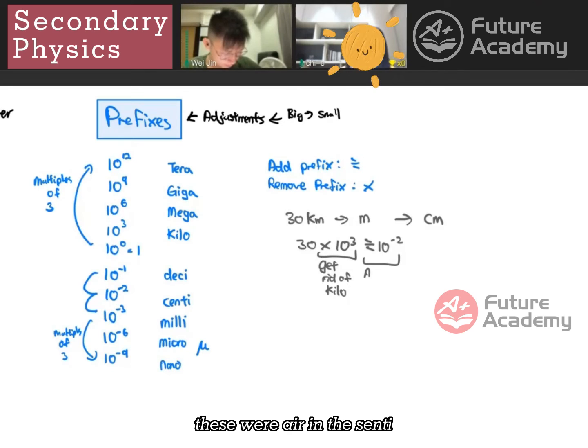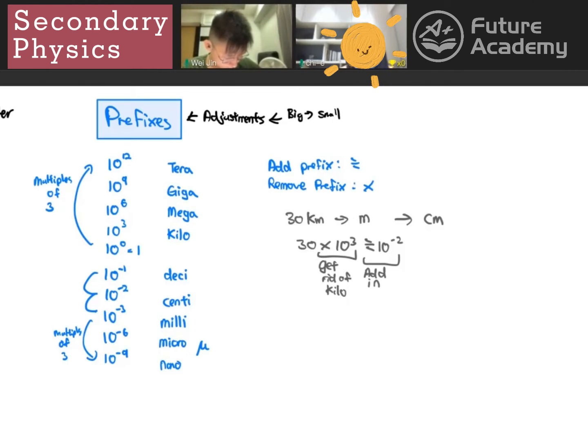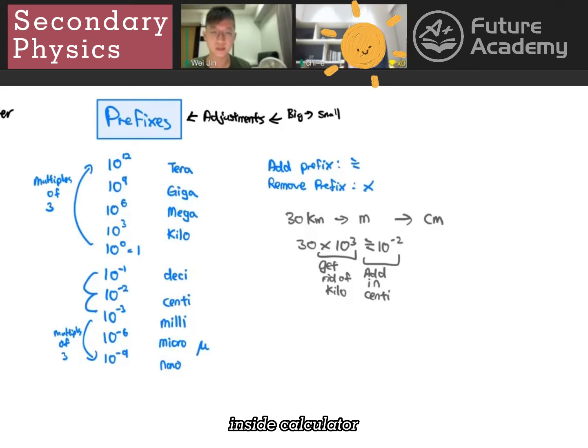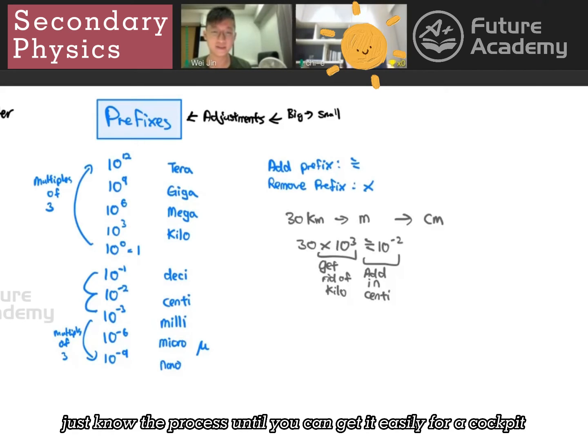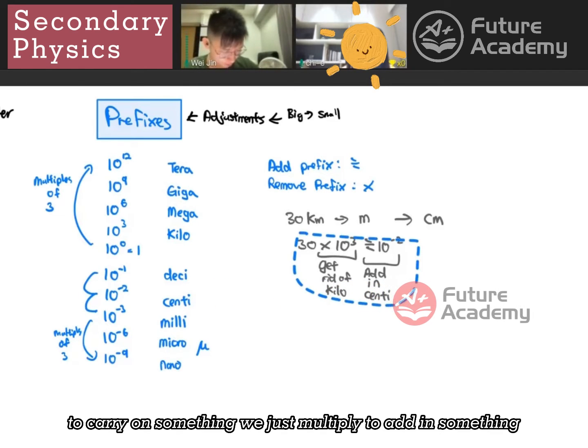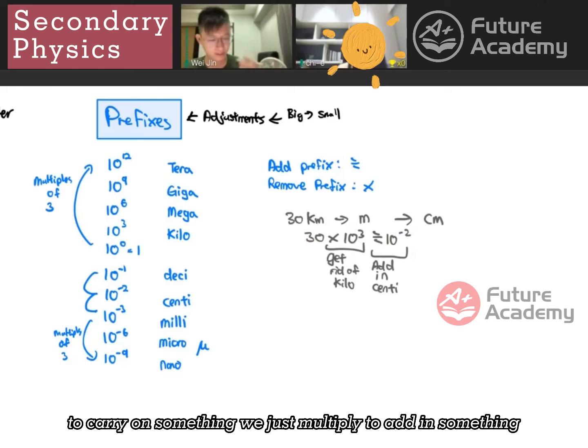This will add in the centi. Doesn't matter if it looks complicated on paper, because if you throw this inside a calculator, your calculator figures everything out for you. So just know the process. The answer you can get easily from a calculator. This is how we do a prefix conversion. To get rid of something, we multiply. To add in something, we divide.